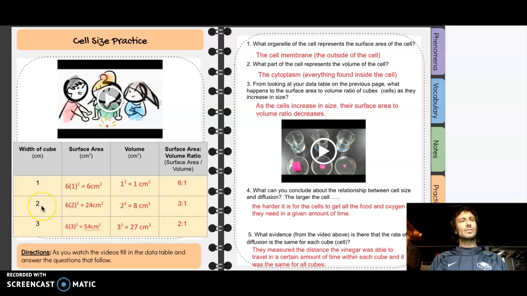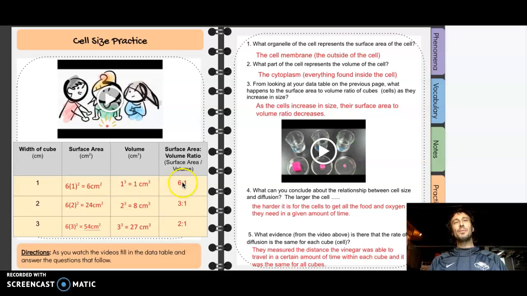As soon as that cell starts getting bigger, so now we're talking about a 2 centimeter cube and a 3 centimeter cube, look what happens to that ratio. It goes down. And so what I want you to think about is, what does that mean? Well, the surface area in a cell is the cell membrane, and we know from the cell transport unit that's where stuff moves in and out of a cell via diffusion and osmosis and different forms of transport.